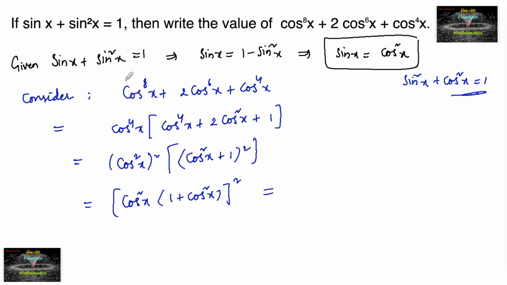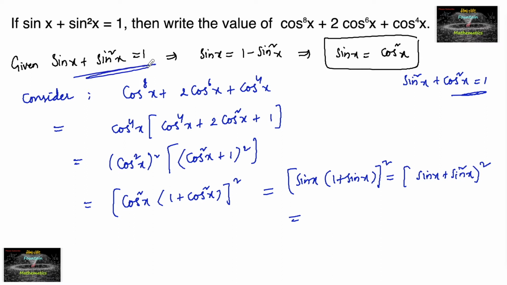So cos square x is nothing but sin x times 1 plus again cos square x is sin x whole square, which equals to sin x plus sin square x whole square. So sin x plus sin square x is 1, so we can give the answer 1 square is 1. Therefore the value of cos^8 x plus 2 cos^6 x plus cos^4 x when sin x plus sin square x is equal to 1 is 1.